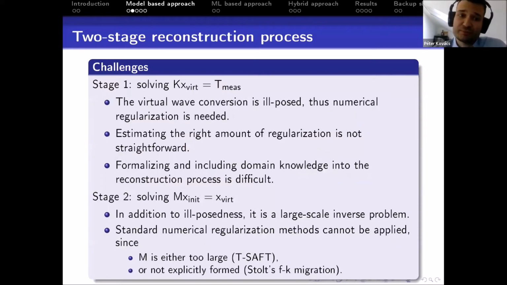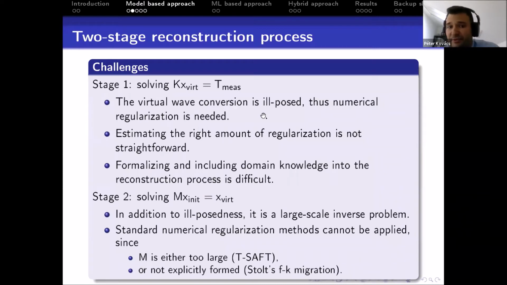However, in each of the stages of the two-stage reconstruction process, we have different challenges. Both stages can be described by a system of linear equations. In the first stage, the matrix K is explicitly formed, but it still defines an ill-posed inverse problem. So regularization is necessary.